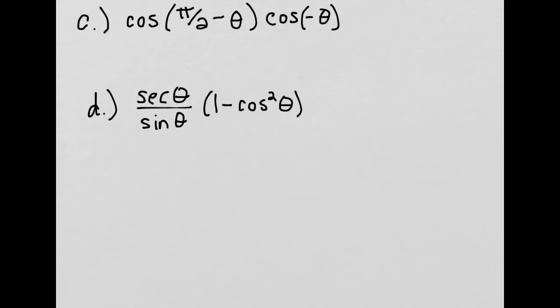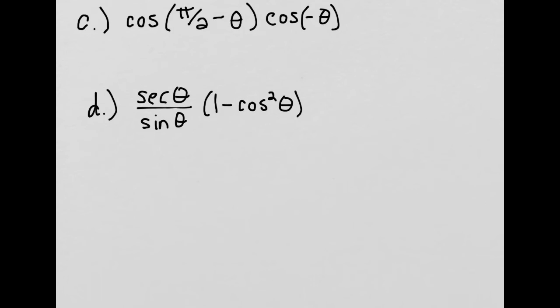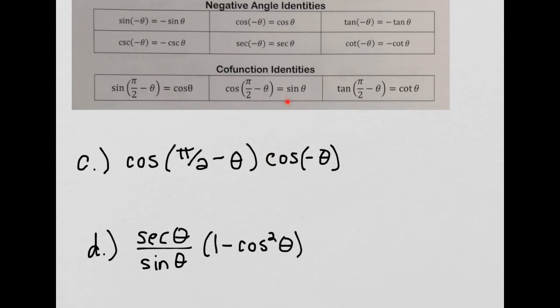Okay, this is where we're going to have to use those negative angle identities and cofunction identities. So we know that cosine of pi halves minus theta right here is the same as sine theta. So let's rewrite that as sine theta.